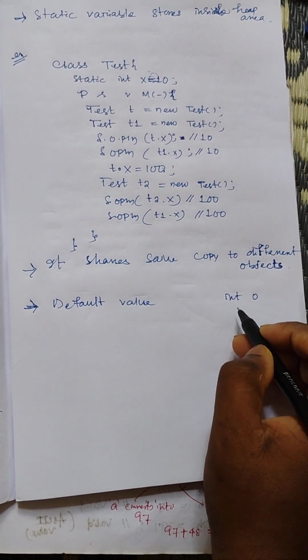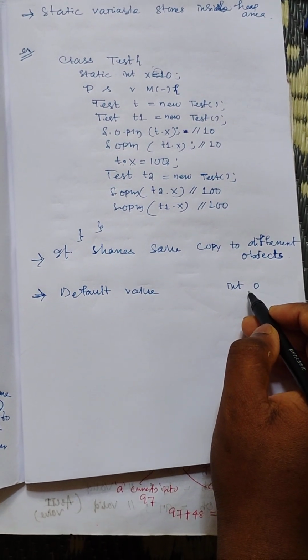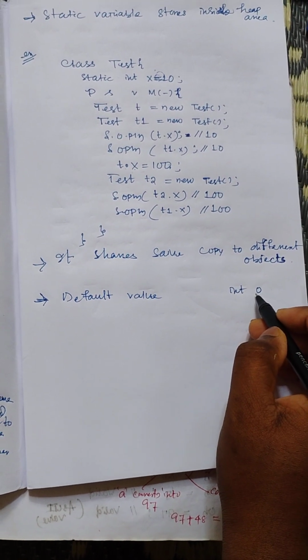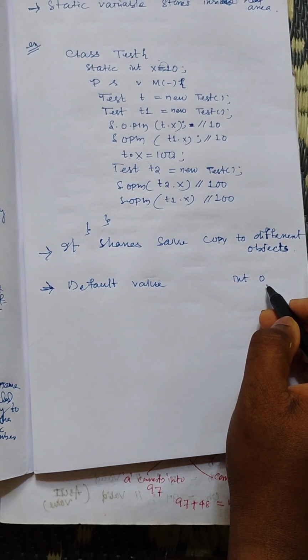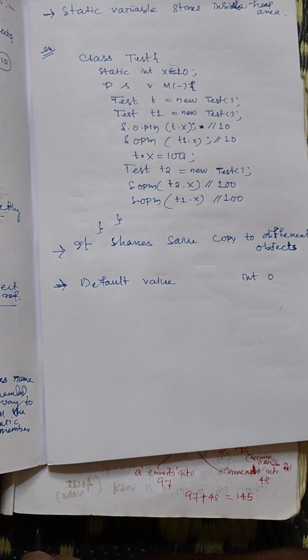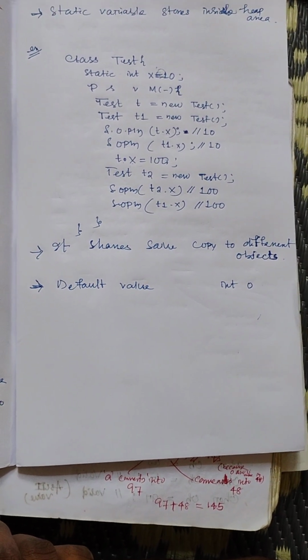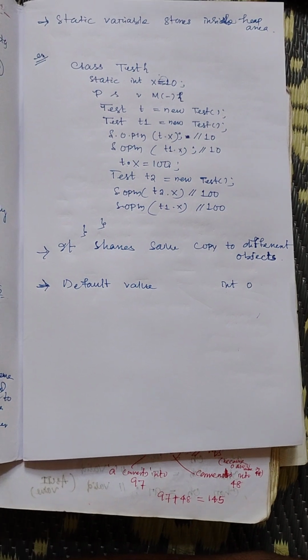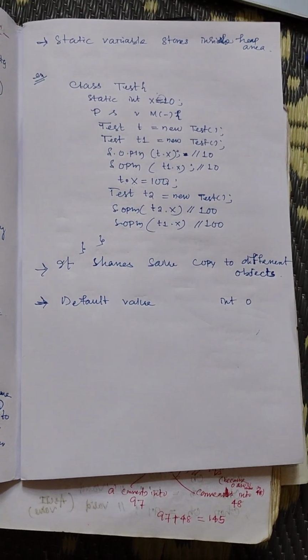For float and double it is 0.0. For character it is only a space. For boolean it is false. So there are some different values. We will discuss the default values in the upcoming sessions.